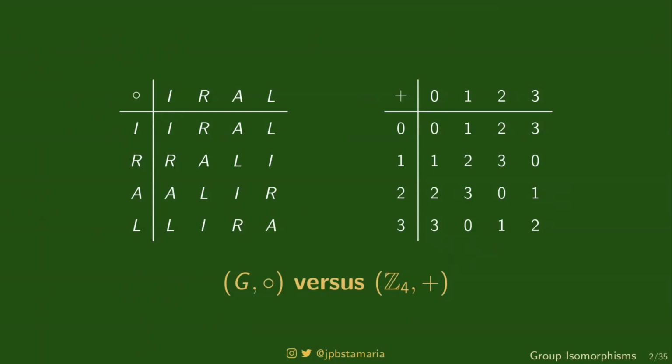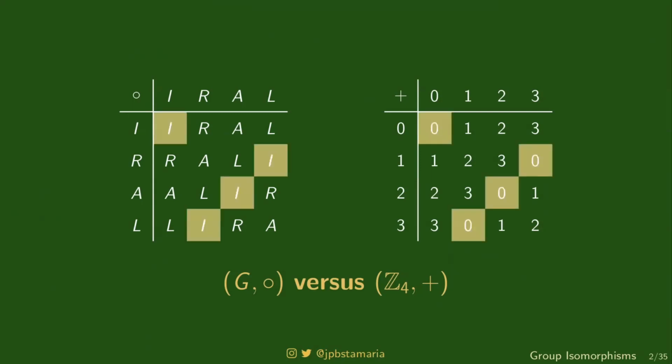Only the elements are different from one another, but as a group, as a structure, they are essentially the same. I'm not saying that they are equal, of course. I'm saying that they are essentially the same in the following sense, no? Tingnan niyo, ito yung sinasabi ni Alistair. Halimbawa, yung I tsaka yung 0, you consider them equivalent. By equivalent, I mean I'm coloring them using the same color.